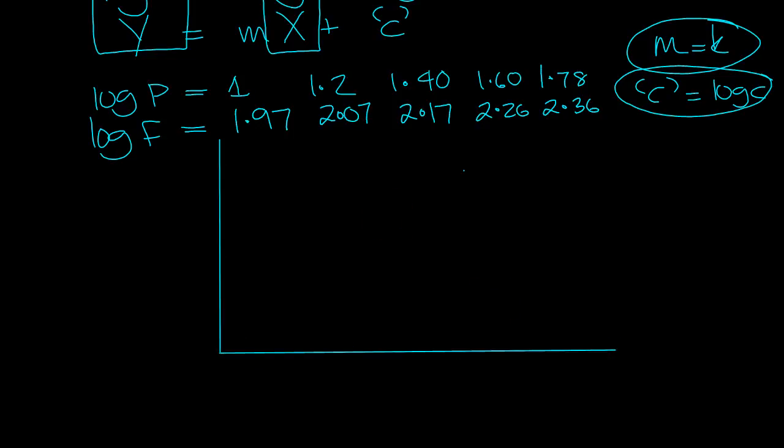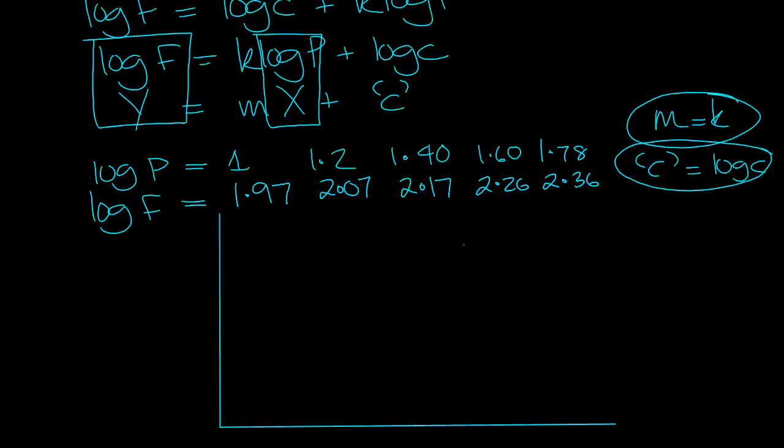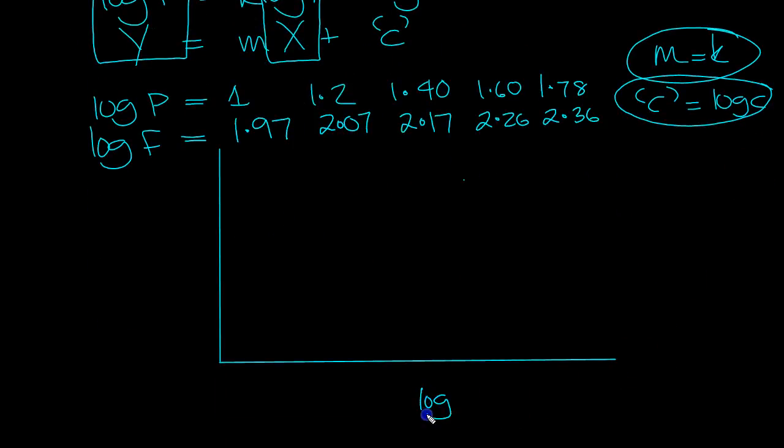Here. So we're plotting log p against log f. Log p is the x-axis and log f is the y. Log p goes up to 1.78.